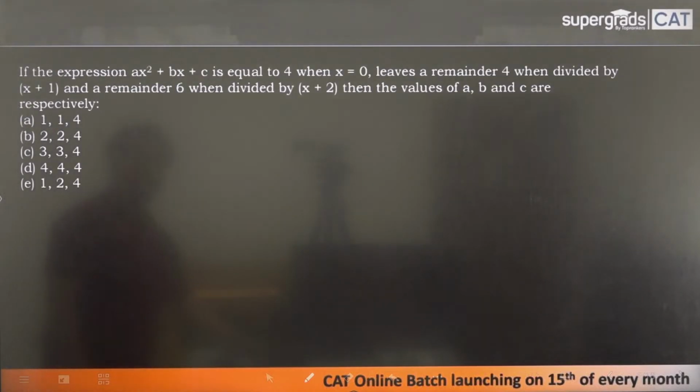If the expression ax squared plus bx plus c is equal to 4 when x equal to 0, leaves the remainder of 4 when divided by x plus 1 and a remainder of 6 when divided by x plus 2, then the values of a, b, and c are respectively what? Tanu, I think she has just joined.